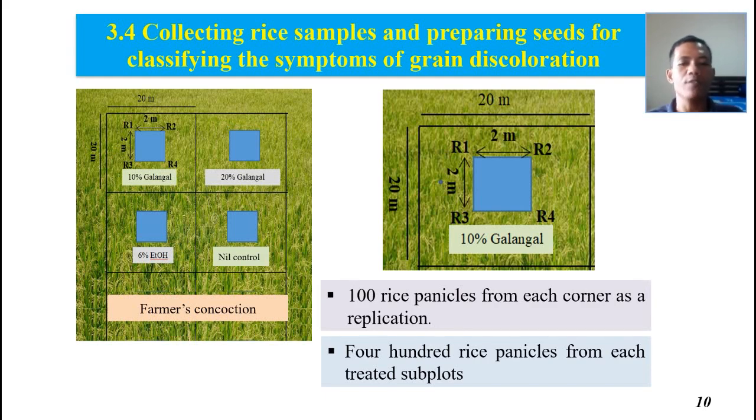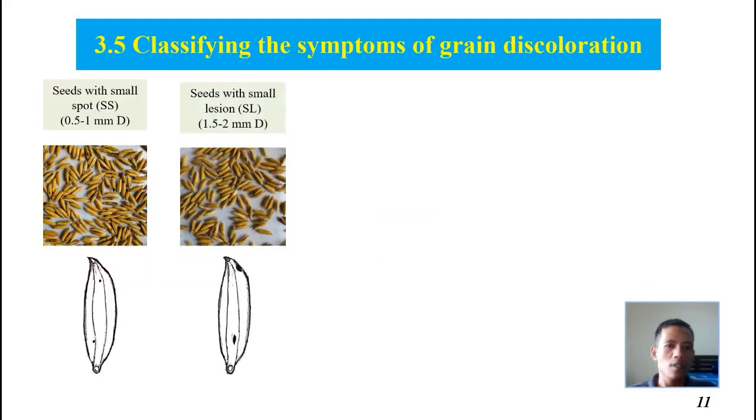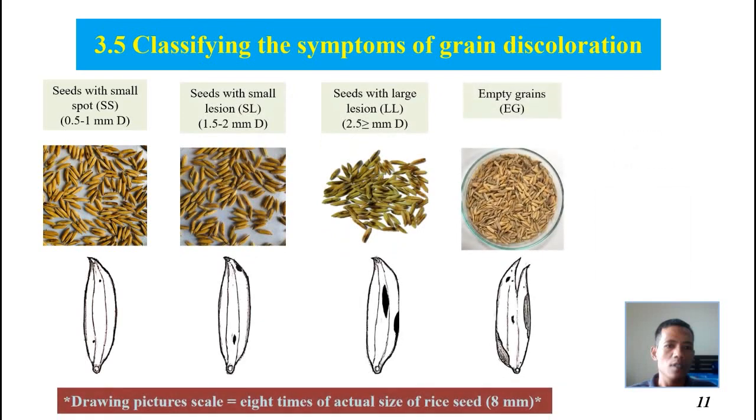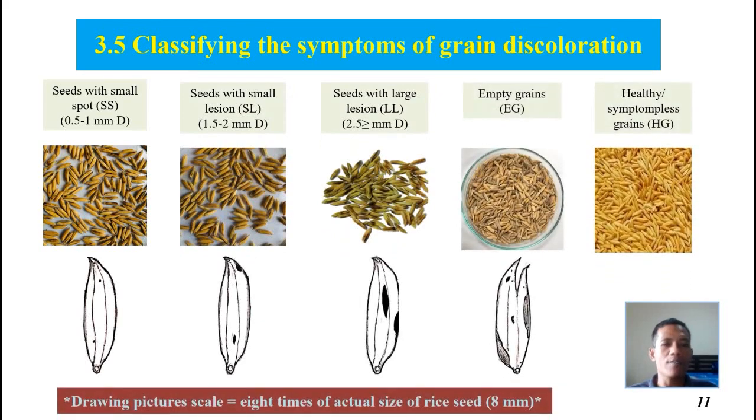So I have a total of 400 rice panicles from each subplot. After that, I classified the green discoloration symptoms as small spot and small lesion, and also large lesion, and also the empty grain with the emphatic symptoms of the green discoloration, and even the heavy grain.